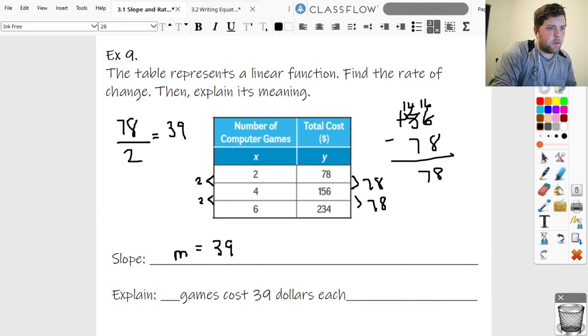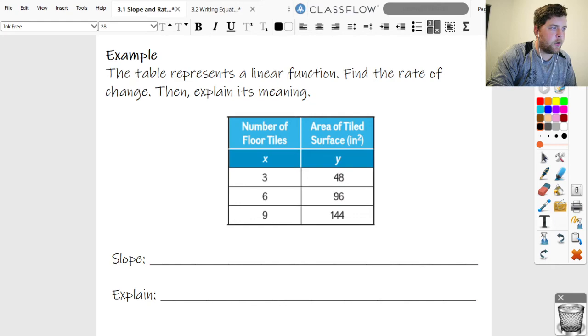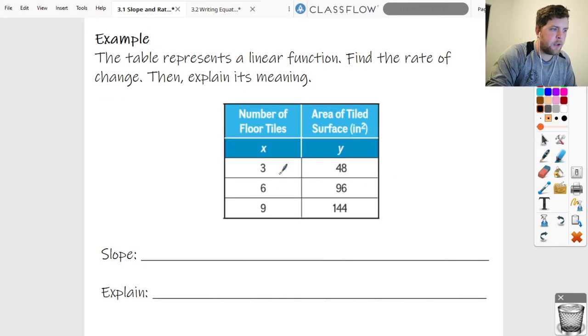So let's take a look at, I think there's one more, or a couple more real life examples, okay? We have our number of floor tiles. Each time here is going up by 3. Over here, from 48 to 96 is a difference of 48. And from 96 to 144 is also a difference of 48. So my slope is our change in y over our change in x.